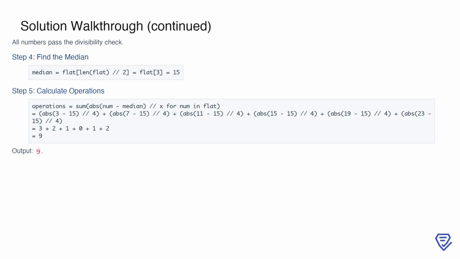Specifically, the operations are abs(3 - 15)//4 plus abs(7 - 15)//4 plus abs(11 - 15)//4 plus abs(15 - 15)//4 plus abs(19 - 15)//4 plus abs(23 - 15)//4. This simplifies to 3 plus 2 plus 1 plus 0 plus 1 plus 2, resulting in a total of 9 operations. Thus, the output for this example is 9.